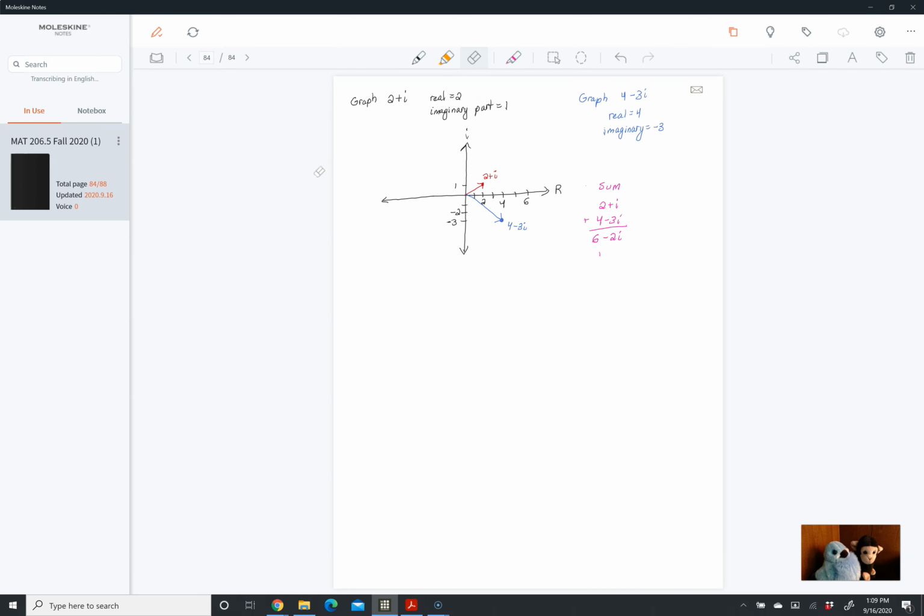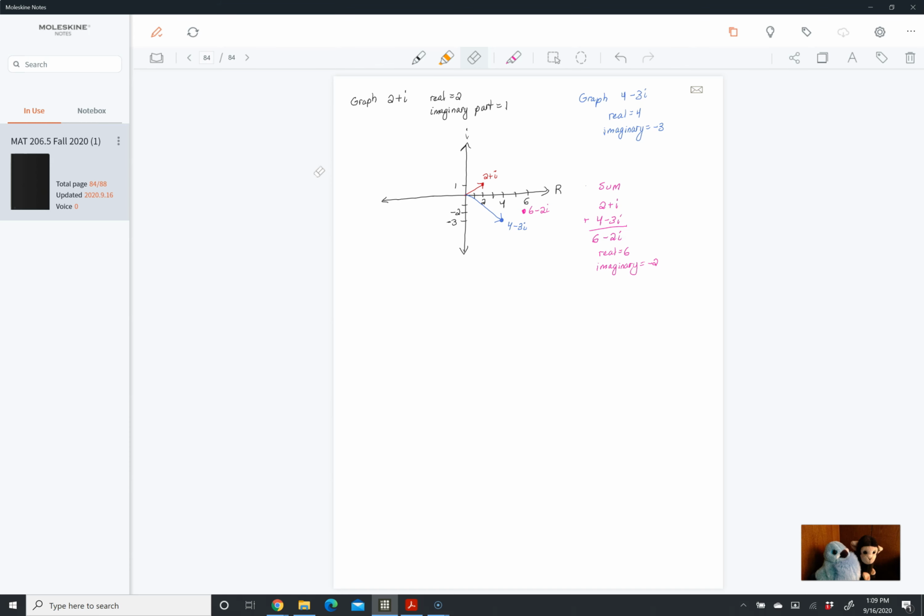So remember, our real is 6, and our imaginary is negative 2. So if we plot 6, negative 2, we're down here.